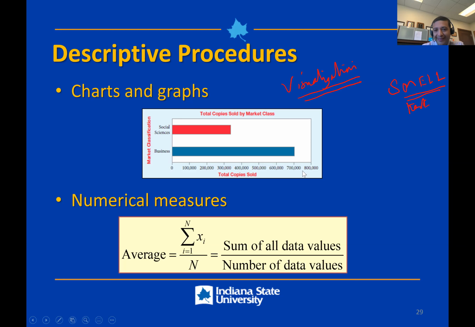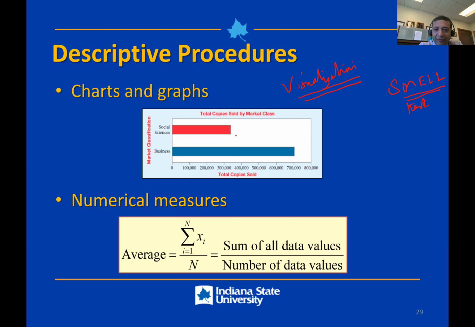So your x-axis is total copies sold, your y-axis is market classification, be it social sciences, be it businesses. Of course, it feels like business sells more than social sciences. But again, I used the term it feels like. I cannot conclude that there are more sales of business as compared to social sciences.